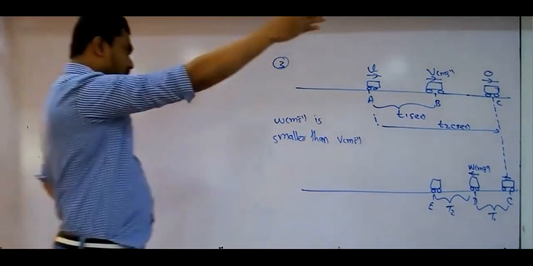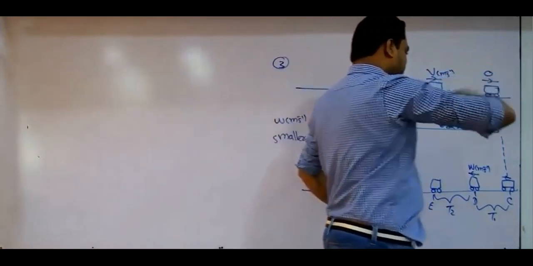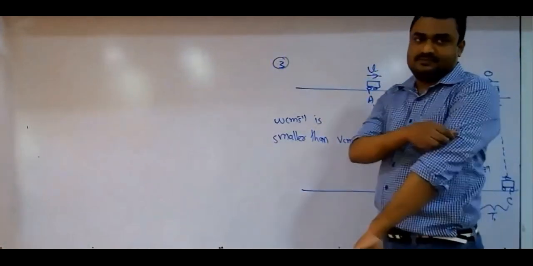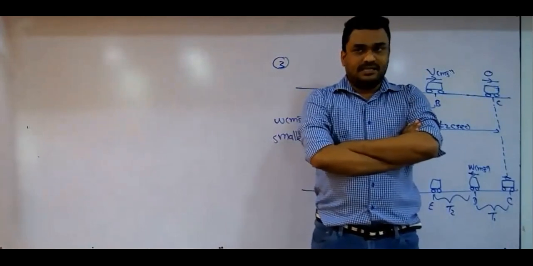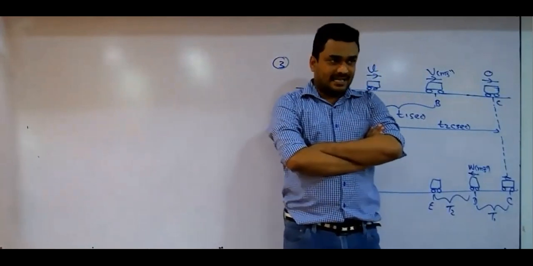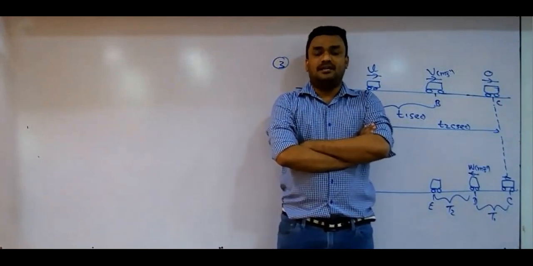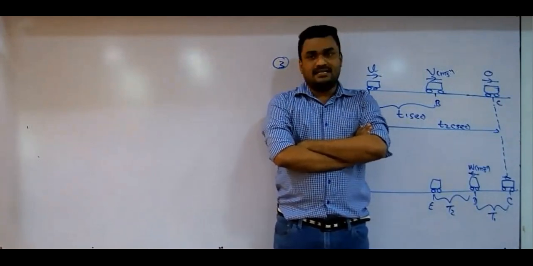Therefore, the distance traveled in the right hand side direction is bigger than, I'm sorry, the distance traveled in the left hand side direction is bigger than the distance traveled in the right hand side direction.